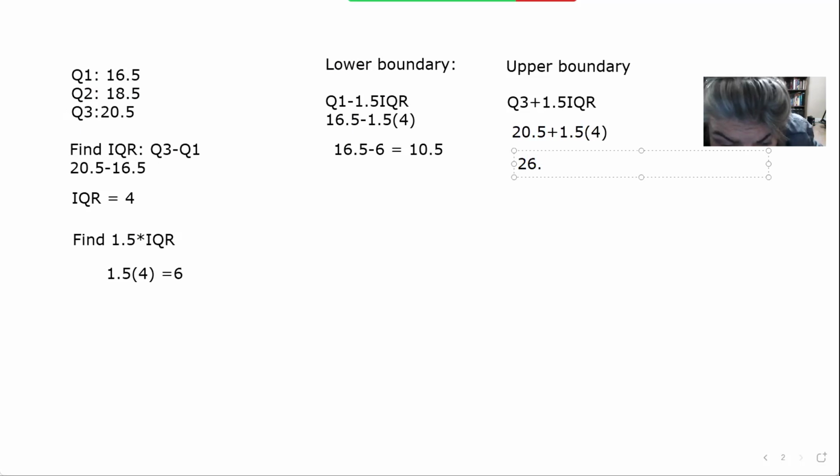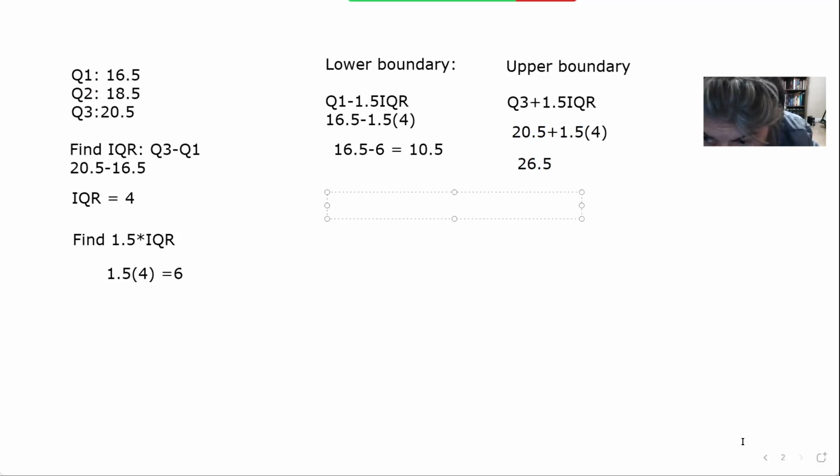Now, what you have to do at this point is go back to the original data, okay? Remember, our lower boundary was 10.5, our upper was 26.5.